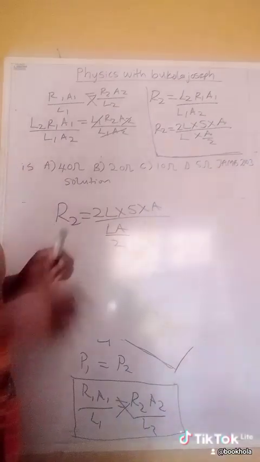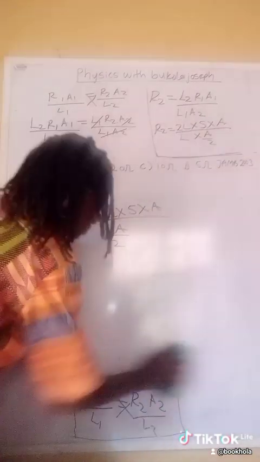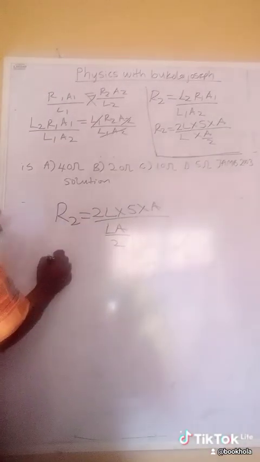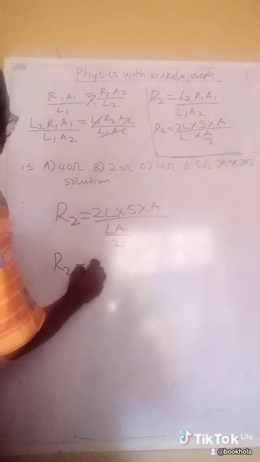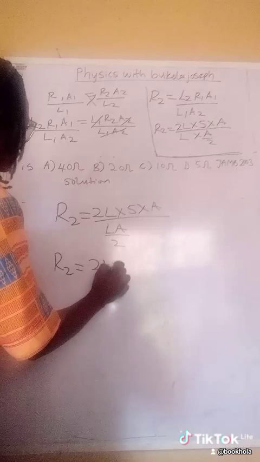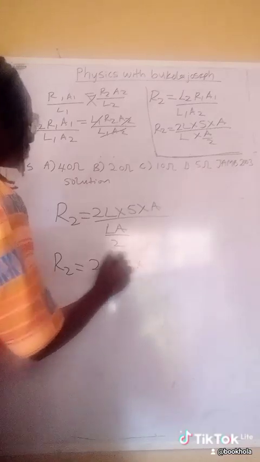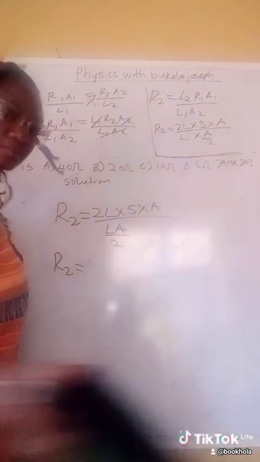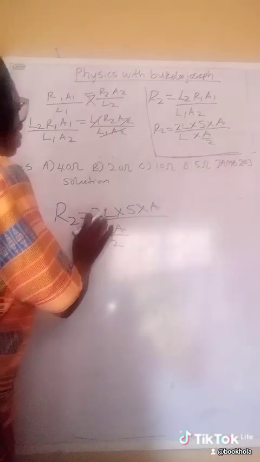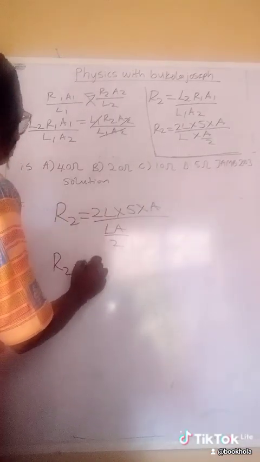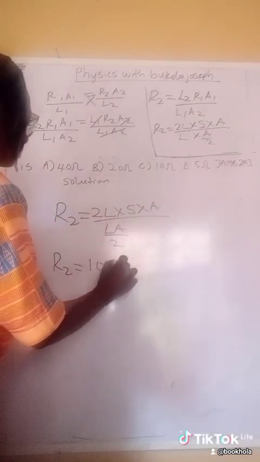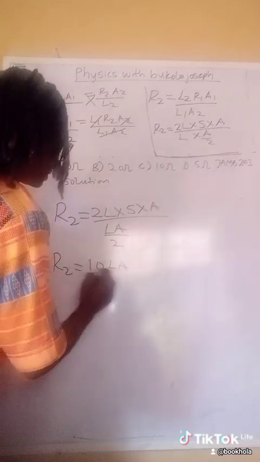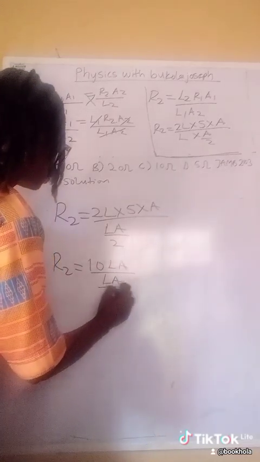So we have R2 is equal to 2L times 5 times A. Let me simplify. 2 times 5 will give us 10. We have 10 LA divided by LA all over 2.